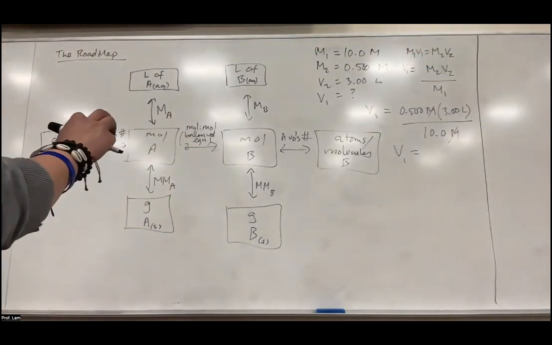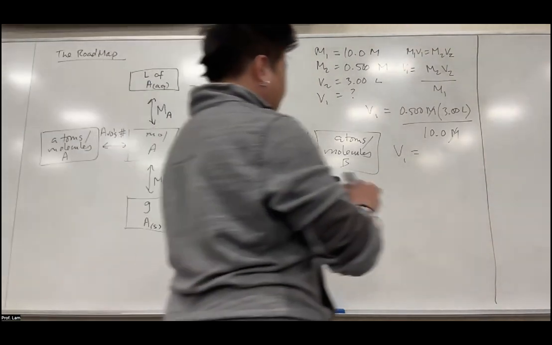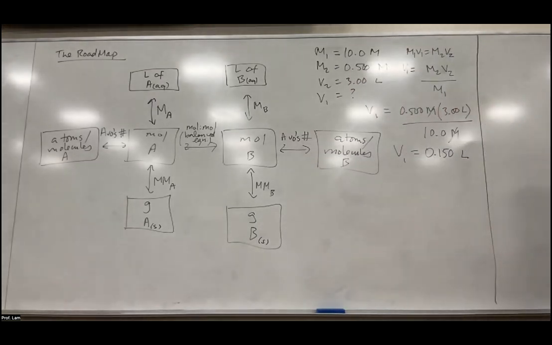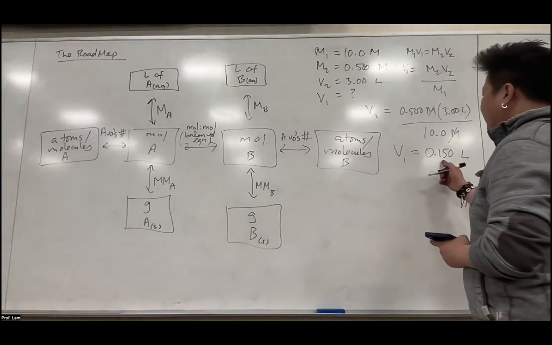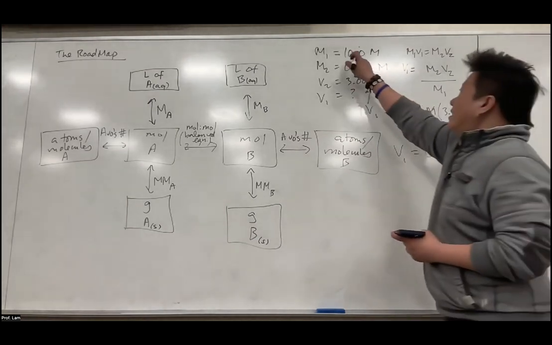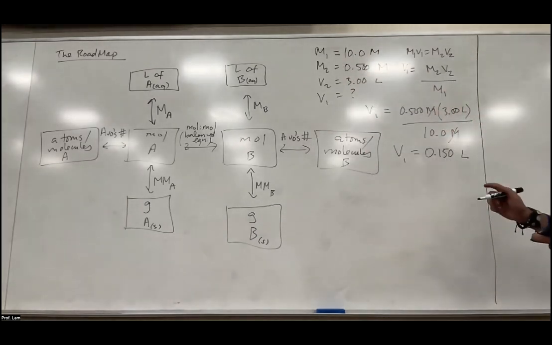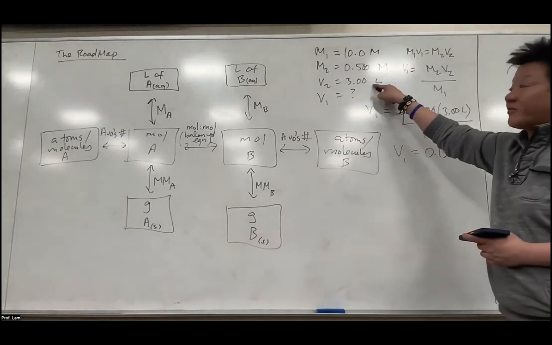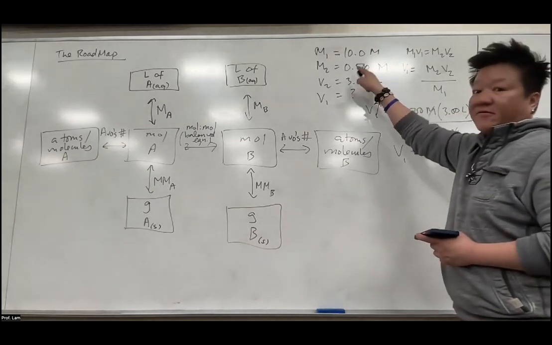Let me double check. Yeah, so 0.150 liters. Okay. So what we're saying is we would need 150 mL or 0.150 liters of the original stock solution, right? We put it into a flask that is 3 liters, like a volumetric flask, right? And we fill it up with water, and that'll give us half molar.